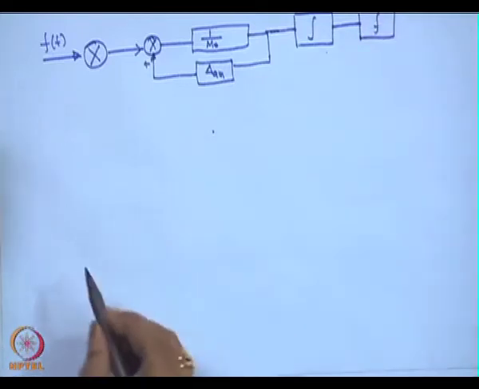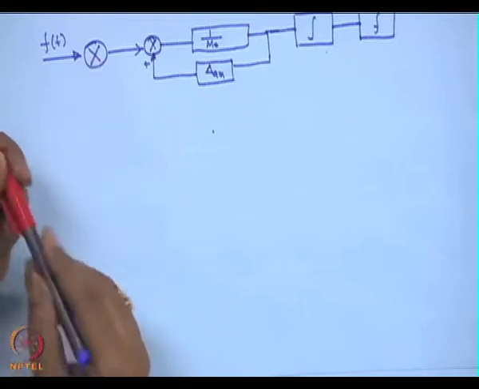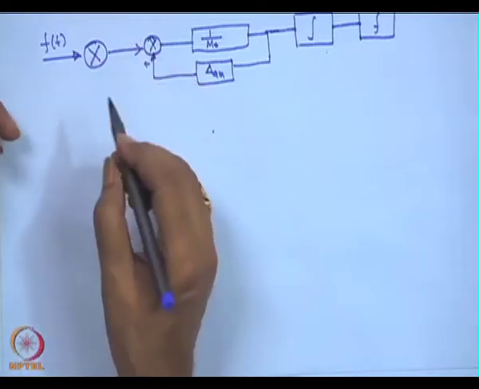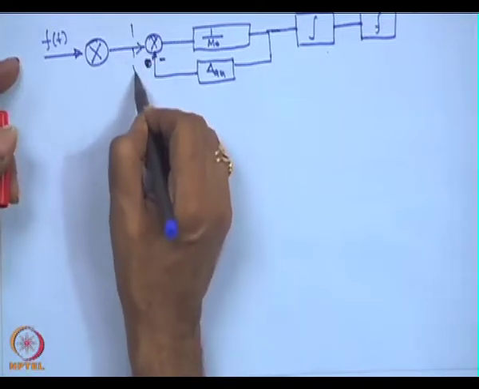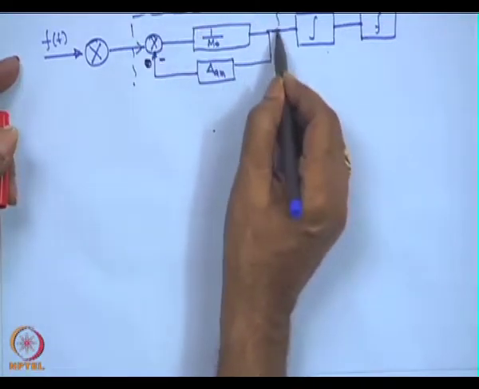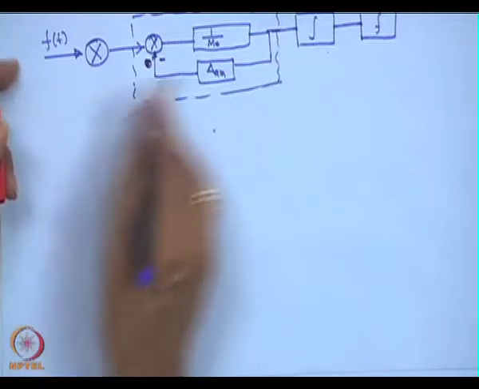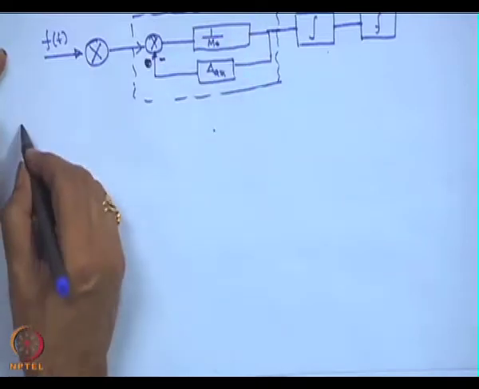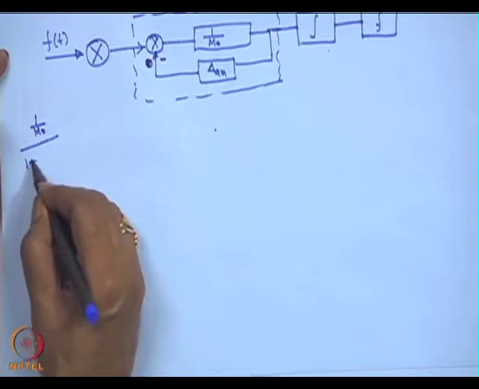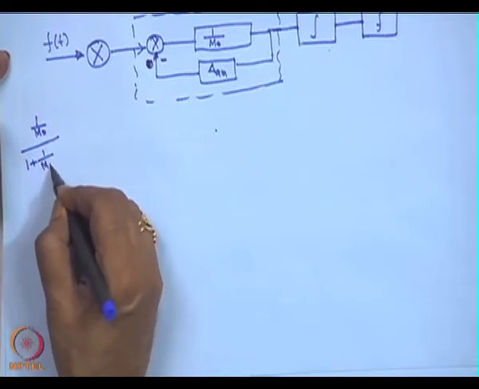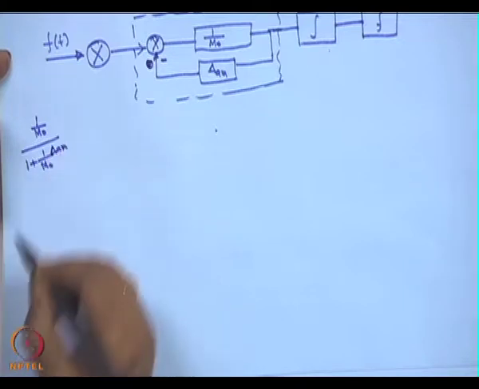Now, we have f of t, and what is this block? This is the negative feedback. What is this block? We will get it. This block is 1 by m 0 divided by 1 plus 1 by m 0 into delta A m.